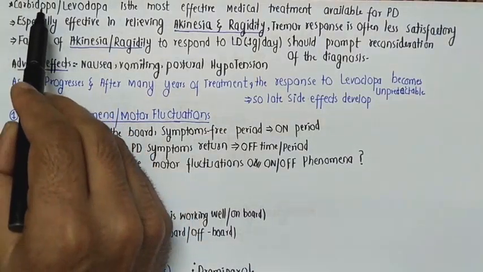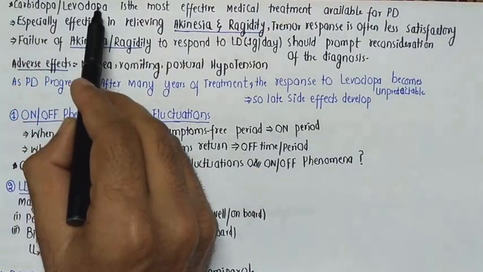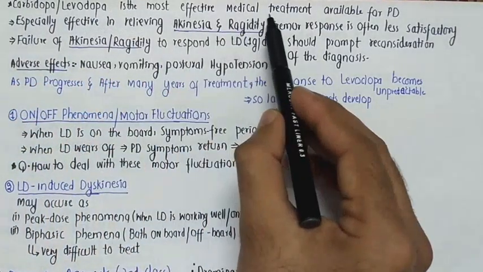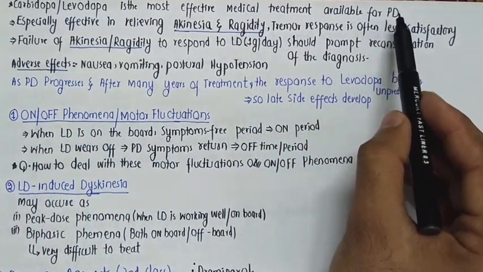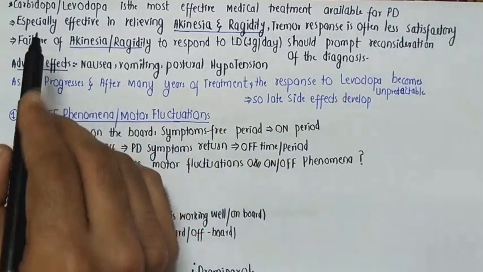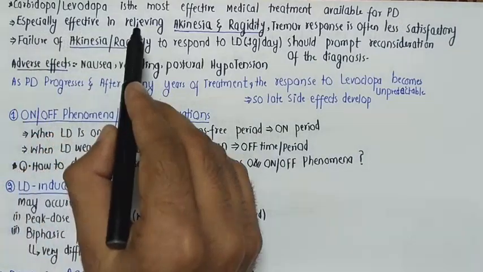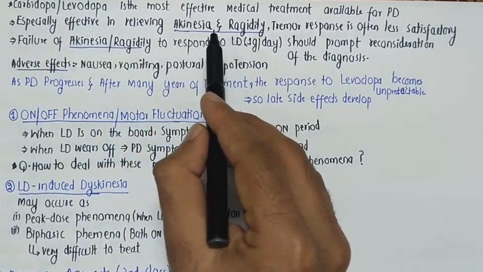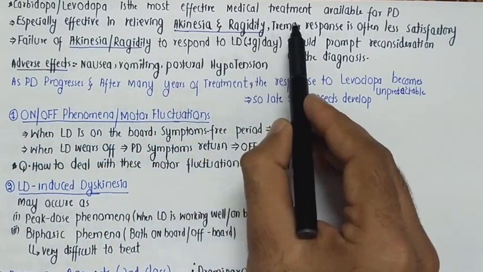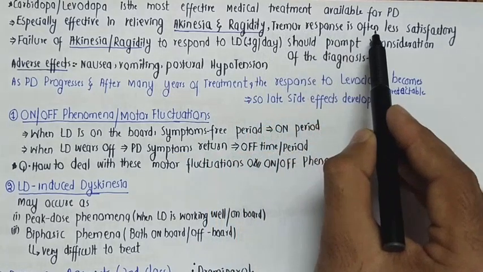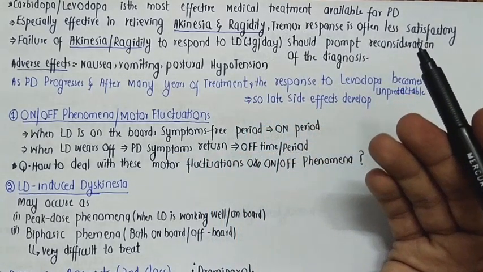Now, as we said, the carbidopa-levodopa combination is the most effective medical treatment available for Parkinson disease. It is especially effective in relieving akinesia and rigidity. Tremor response is often less satisfactory, for unknown reasons.